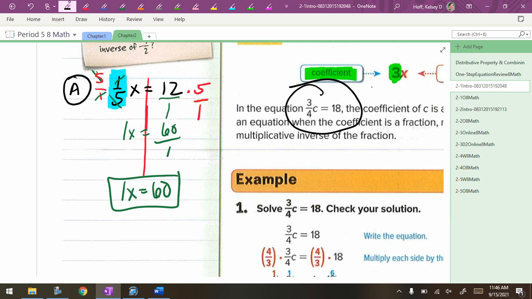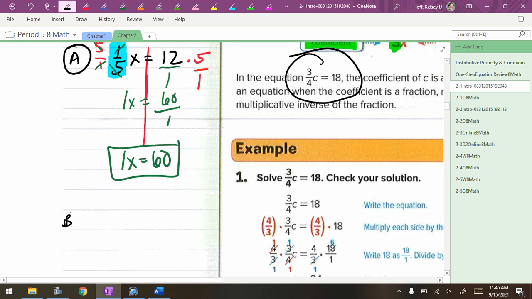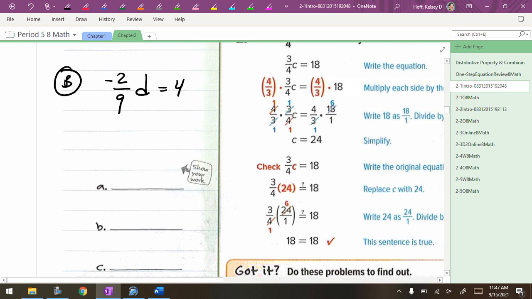Let's do B. -2/9 D equals 4. -2/9 D equals 4. Somebody who has not answered for me, raise your hand and tell me your coefficient.